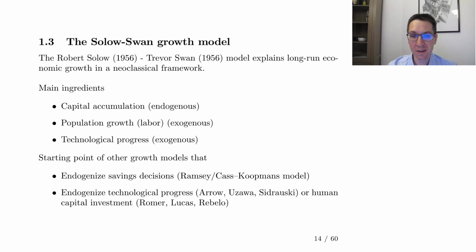In contrast, we are going to add population growth and technological progress, but we say that they are exogenous. It just means that they come from outside the model and we don't really care about what causes them. We just postulate that they each grow at a certain rate each period without having to say why.